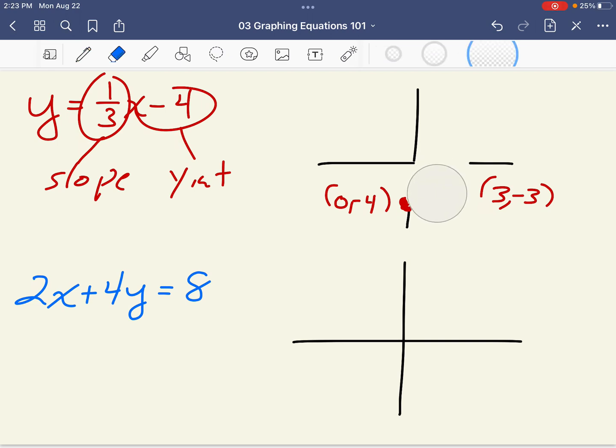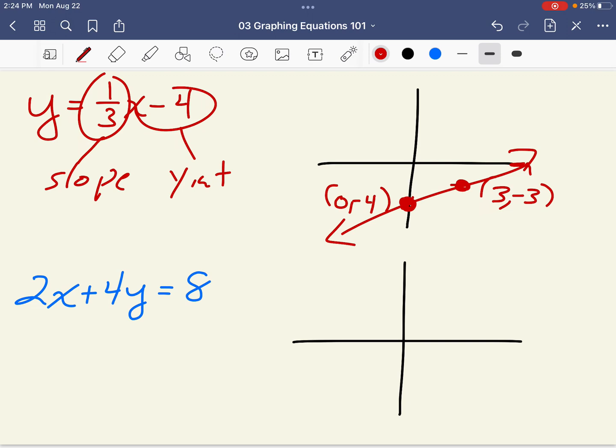So now we have 2 points, and 2 points, when it comes to a straight line, are all that you need. So you can draw your straight line. Just remember that this straight line has many other points, and every one of those points is also a solution to that equation.